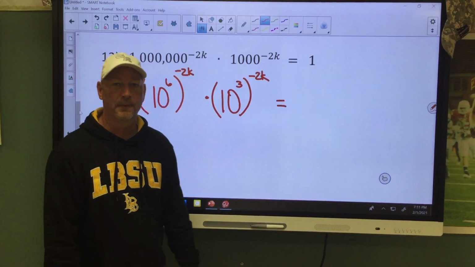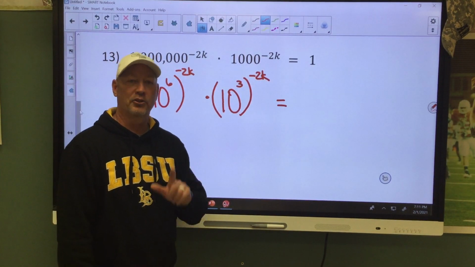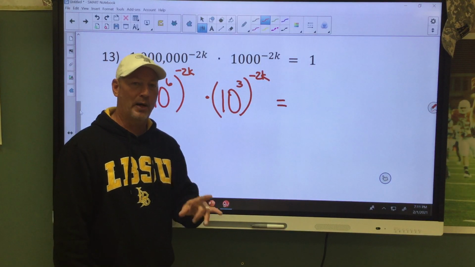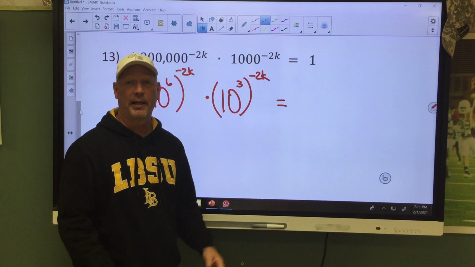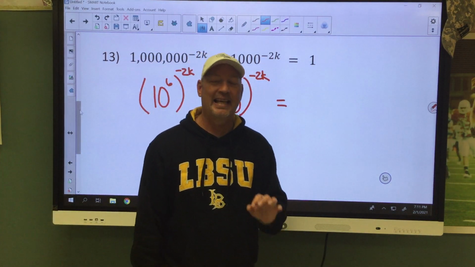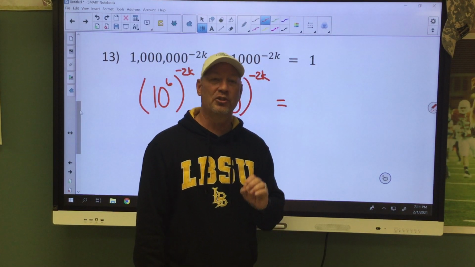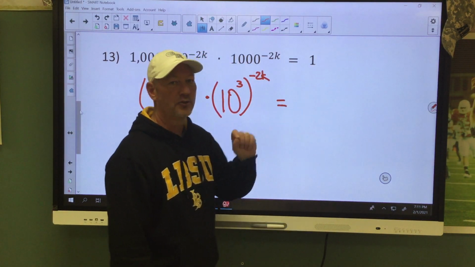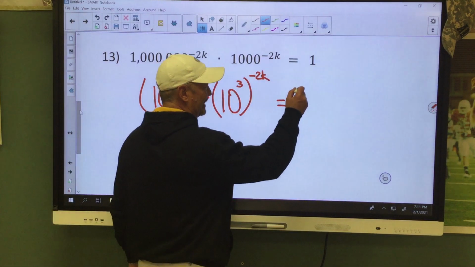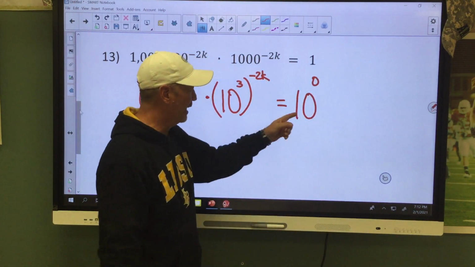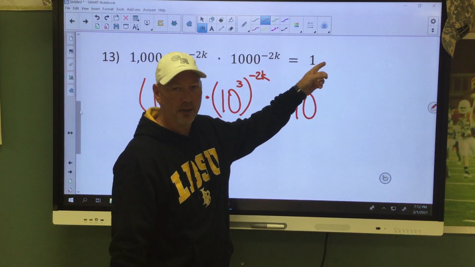What do we do with the 1? Here's the trick. All right? I don't know if you'll remember this, but when I write this, you're going to go, oh, I didn't think about that. Anything to the 0 power is the number 1. So what if I did this? 10 to the 0 power. 10 to the 0 power is equal to 1.